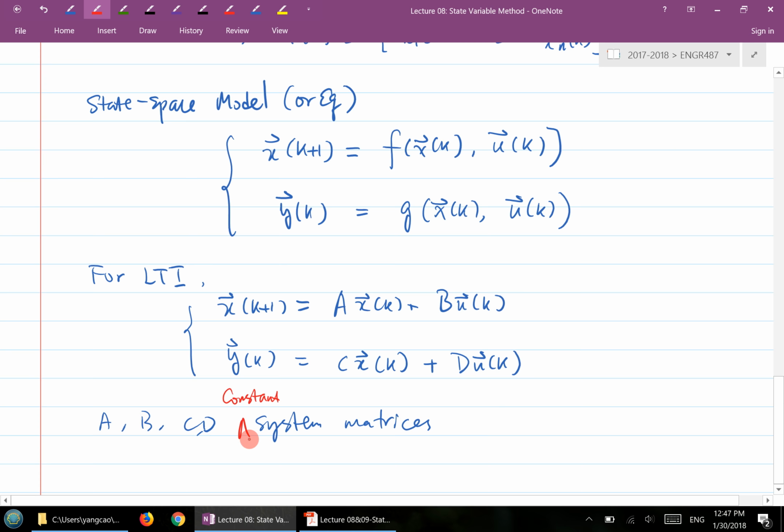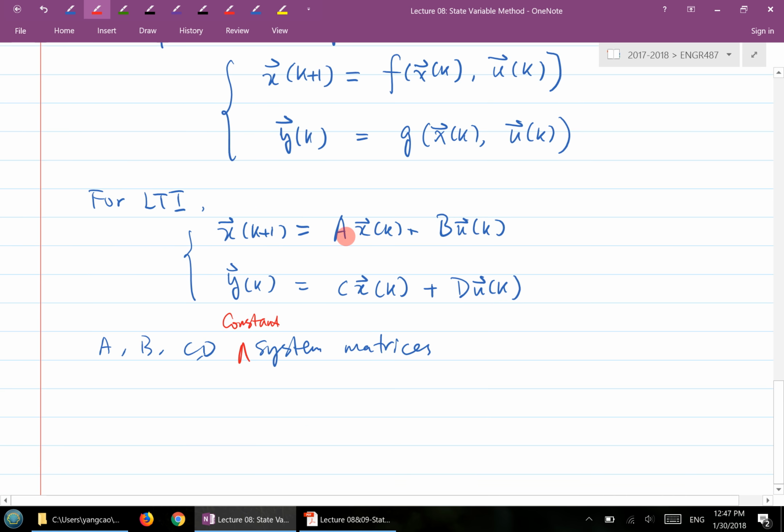Good. And because they're constant, that's why this is a time invariant system. The size of A, B, C, D is also a very important thing. Because of linear algebra, whenever you multiply a matrix by a vector or by another matrix, the sizes have to conform with each other.